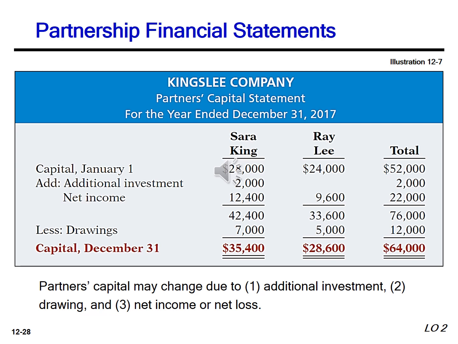In this case, the balance for Sarah King, or King Capital, is 35,400, and Rayleigh's capital is 28,600. The partnership in total has an owner's capital of 64,000.